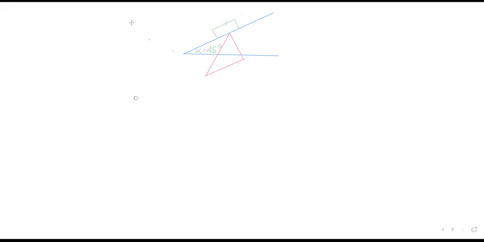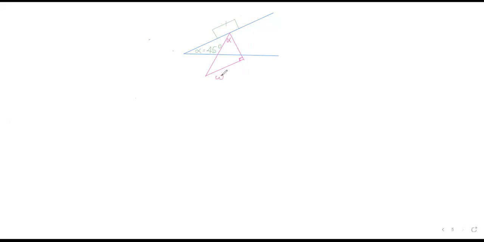Now, if this is a right angle here, by similarity of figures here, this angle here will be 45, and this will be the weight multiplied by the cos of alpha. And this one here is opposite the angle here.